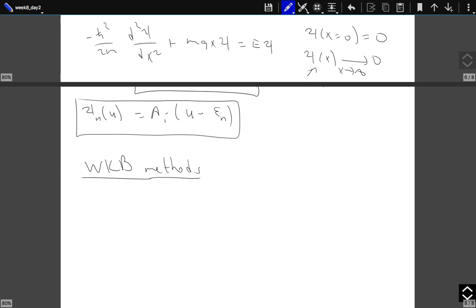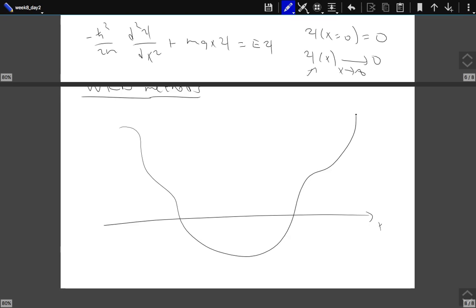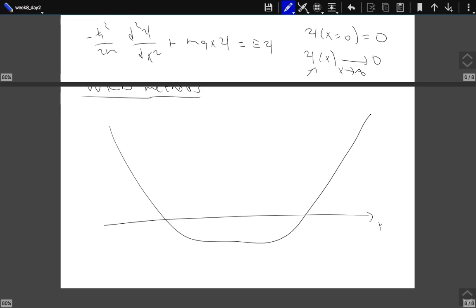Let me just summarize what we will be doing in this WKB approximation. We will not be going into too much detail. Let's just assume we have a one-dimensional problem and we have some kind of a complicated potential. It can have whatever shape you like. Now, what we will try to do is, in this range, most of the time, the function is just constant.